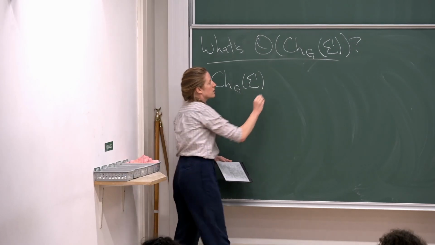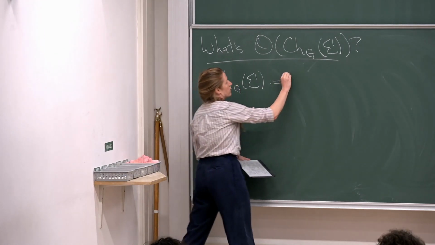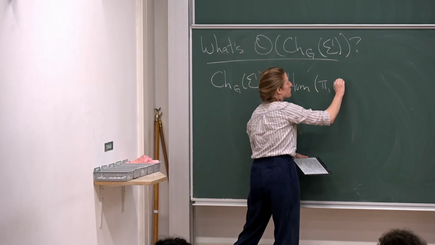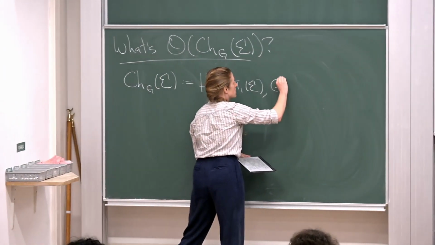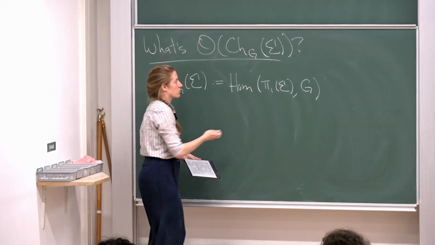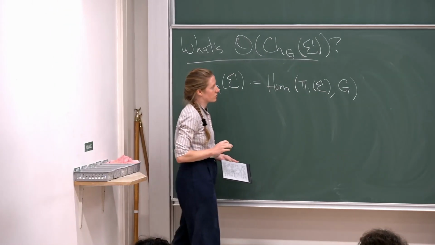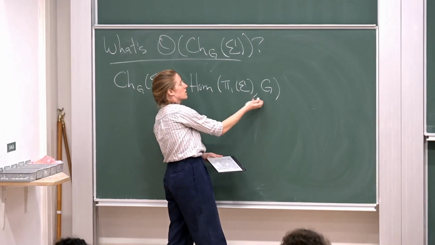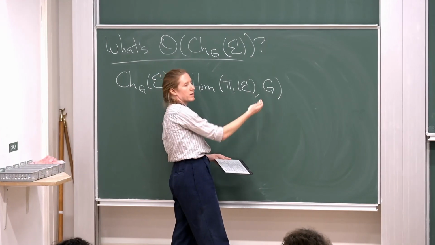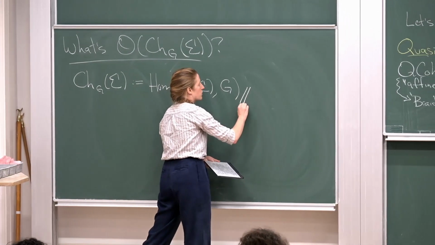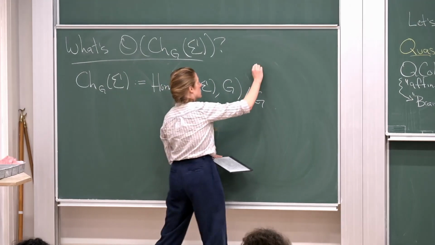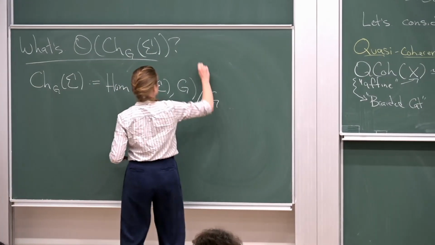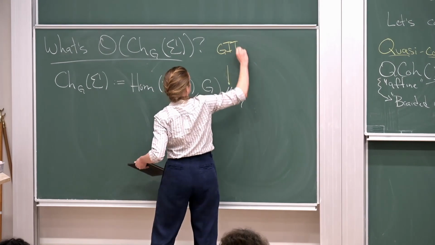So this character variety, the way I like to define it is I look at group homomorphisms from the fundamental group of my surface into G, like this. So here you can already see some hint that this is quite topological. And then on this space, I have an action by G. If I have some map, I can conjugate by G. And so what I take is the GIT quotient. So right here, this is what's called the GIT quotient.